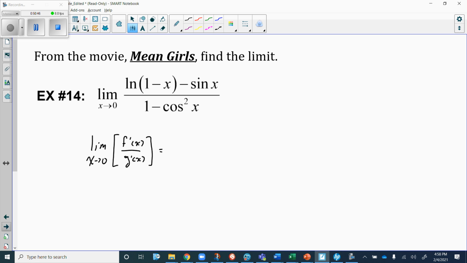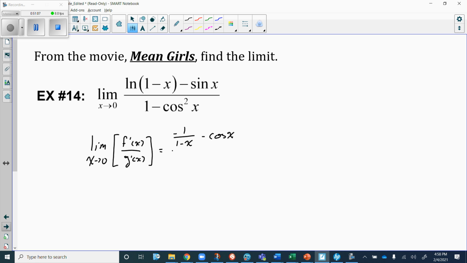Okay, so the derivative of the numerator, in this case, the derivative of natural log of 1 minus x is going to give you negative 1 over 1 minus x. The derivative of sine, in that case, will be a cosine, so minus cosine of x.